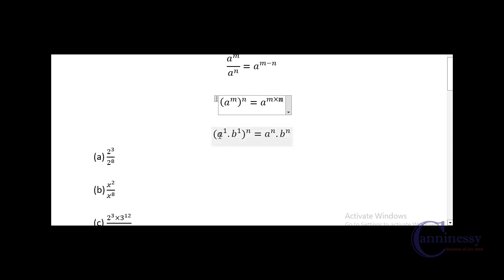We say a to the exponent 1 multiplied by n, which is a to the exponent n, multiplied by b to the exponent 1 multiplied by n, which is b to the exponent n. So this is the fourth and the last law.